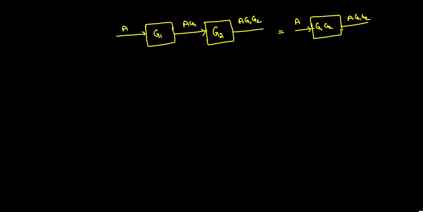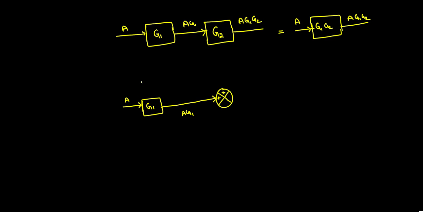Say for example, you have one more case, same input A, and let us assume you have an addition block here. Generally the summation can be represented in a control system something like this. Suppose you have here G1 and this is A. As per the above, A into G1 will become A G1.